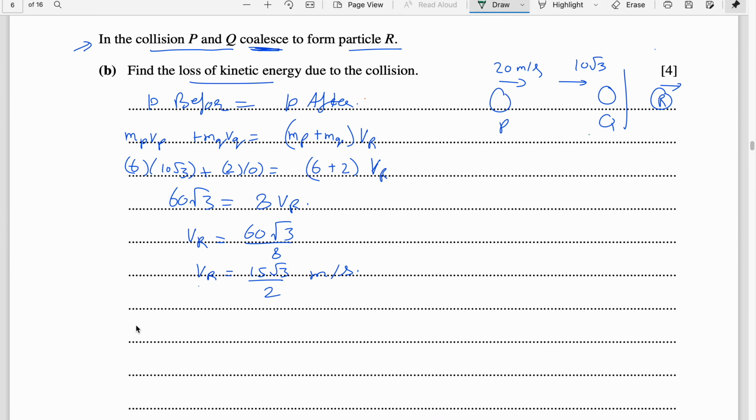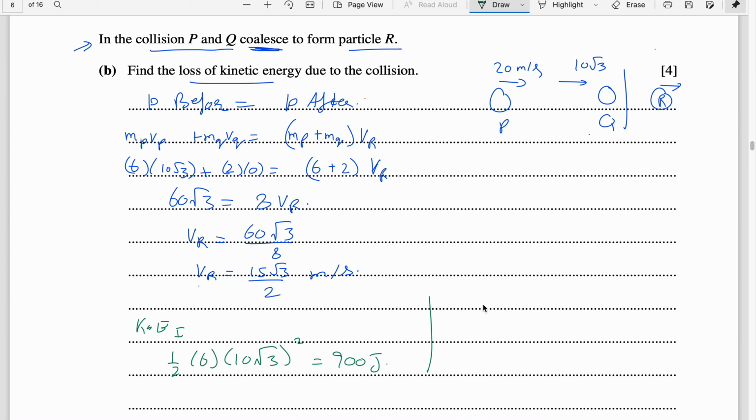Okay, now kinetic energy. Kinetic energy initially was due to particle P, which was 1 by 2 into mass into velocity 10 square root 3 whole squared, and which is 900 joules.